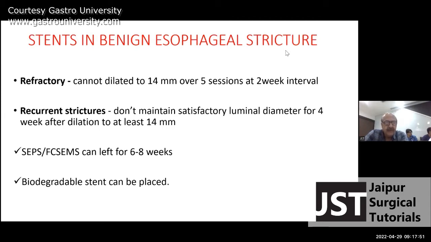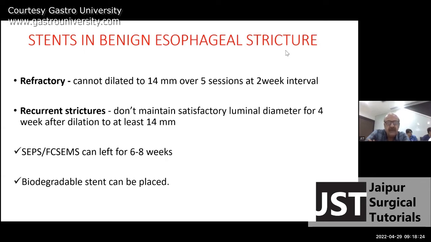Stents in benign esophageal stricture, those strictures are defined as those that cannot be dilated to 14 size over 5 sessions at 2 weeks interval. So there are very many patients which come to this indication, but in our country, poor financial status and then not consenting of these patients to the major surgery becomes the major indication for pushing in SEMS for the treatment.